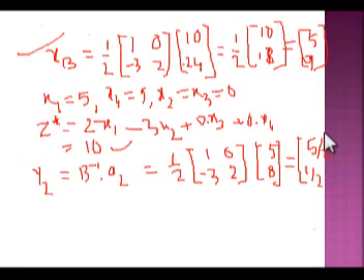Now the first one is considered as y12, because x1 was a decision variable, a basic variable, and this is considered as y42, because x4 also was a basic variable.